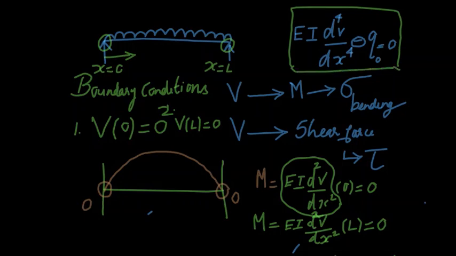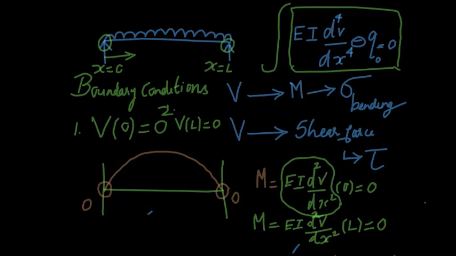All you have to do is integrate this governing differential equation 4 times. If you integrate it 4 times, you will be left with an equation for V, which is going to be a polynomial equation. And what would be the order of the polynomial equation? The order is going to be 4, because one time integration gives you q naught x plus some constant.